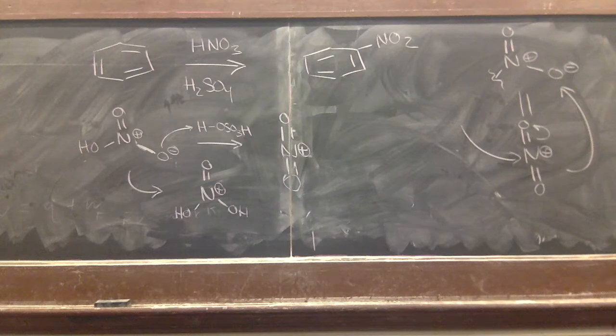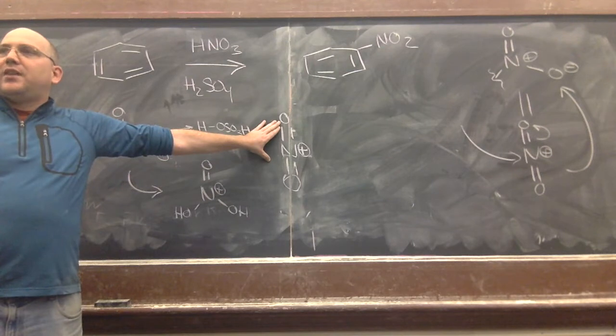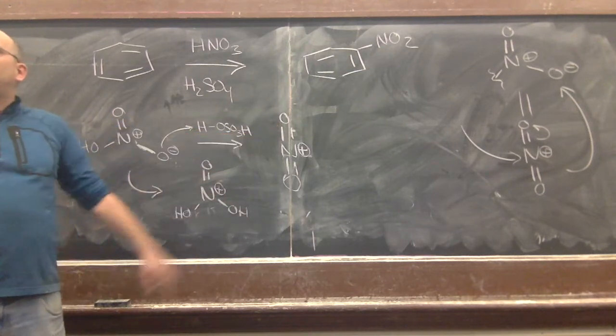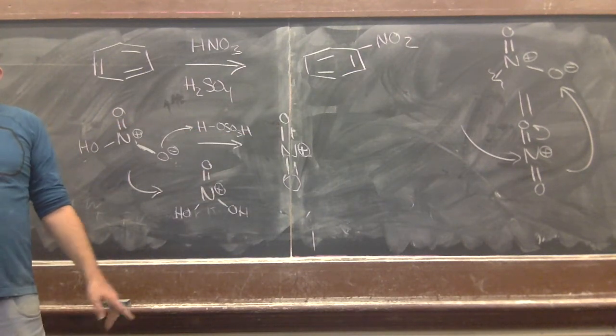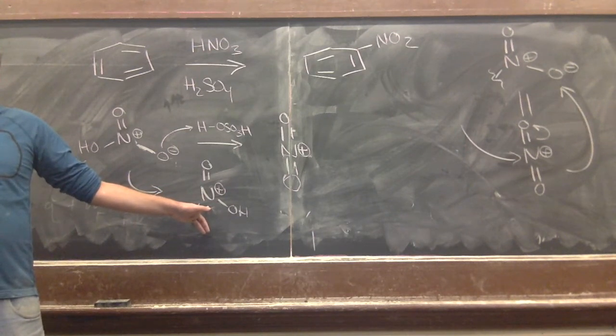What I usually do, because I think it simplifies the mechanism, even though it might not be entirely accurate, is to get to a species that looks like this. You are eventually going to need to lose water, right? You can't lose water at this point, you'd lose a hydroxide, so you'd actually have to protonate this again.